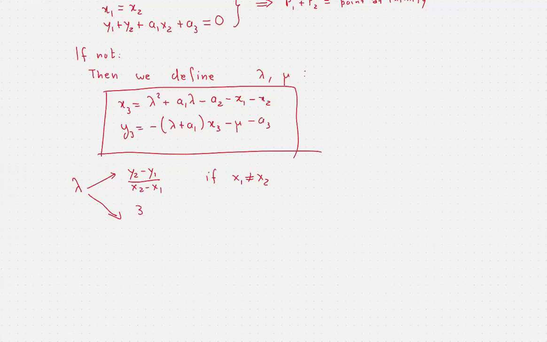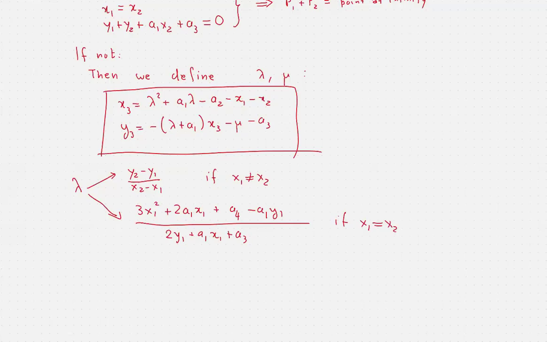If you pay attention, what you get on the top is really the derivative of the polynomial on the right with respect to x, minus this one term, a1 y1, over 2y1 plus a1 x1 plus a3. And this is if x1 is equal to x2, which means we cannot define lambda with the above formula.